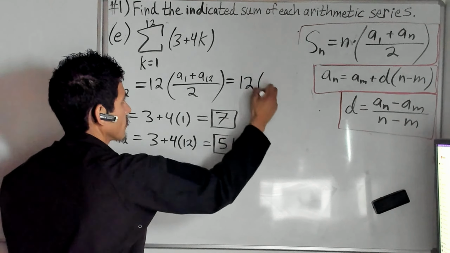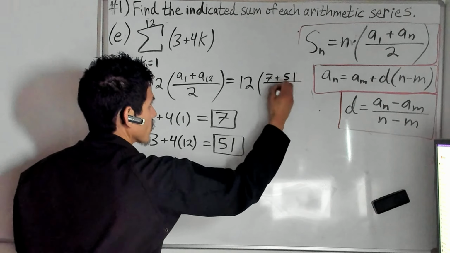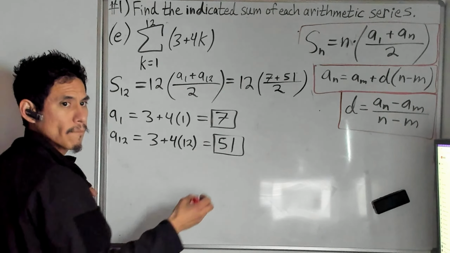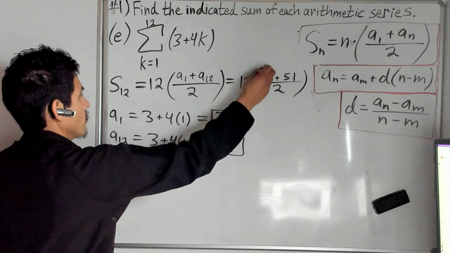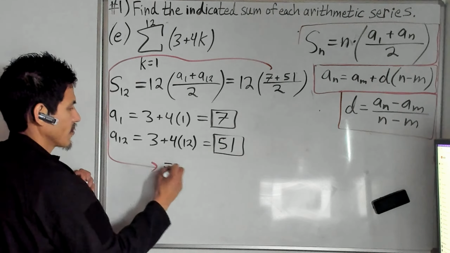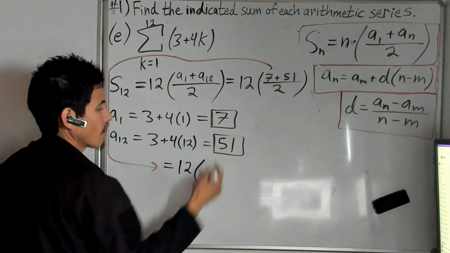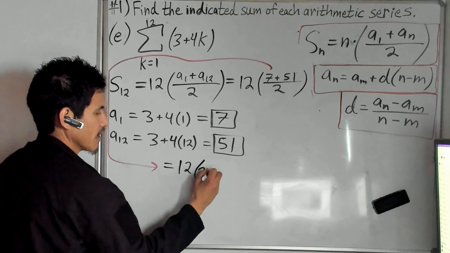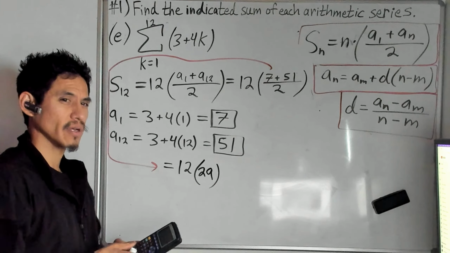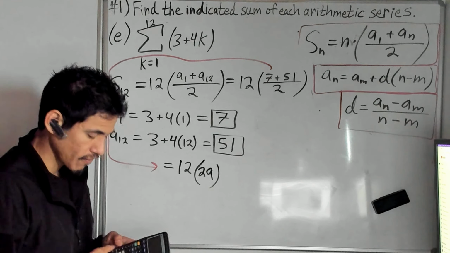And then we'll get 12 times 7 plus 51 over 2. So 12 times 58 over 2. That'll be 29. 12 times 29. 348.